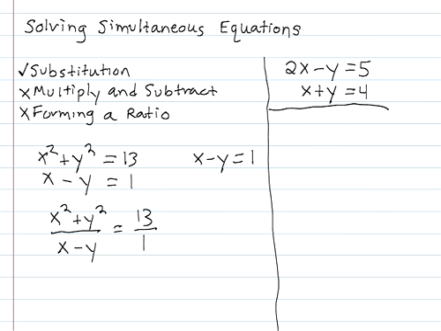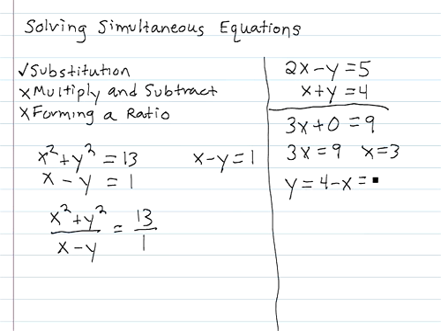If I just go ahead and add these together, then 2x and x is 3x, and negative y and positive y is 0, and 5 and 4 is 9. If I divide both sides by 3, the 0 doesn't do anything, and I get x equals 3. If I substitute that back in, let's say I take the bottom equation and solve it for y equals 4 minus x.